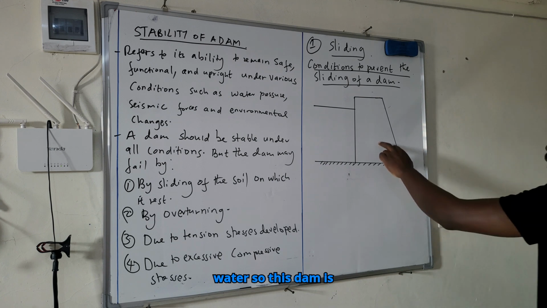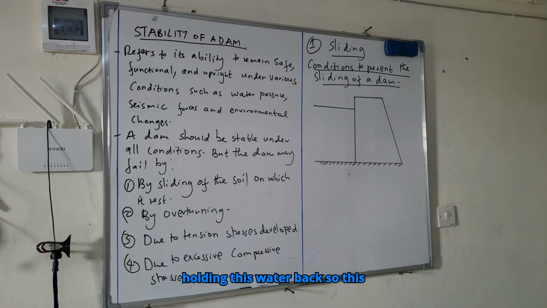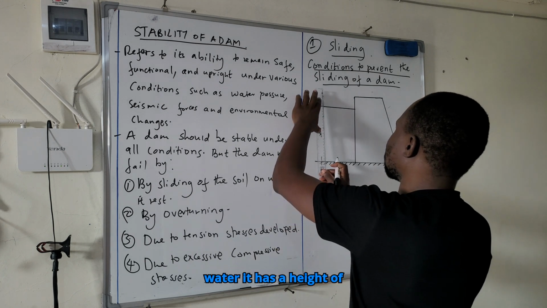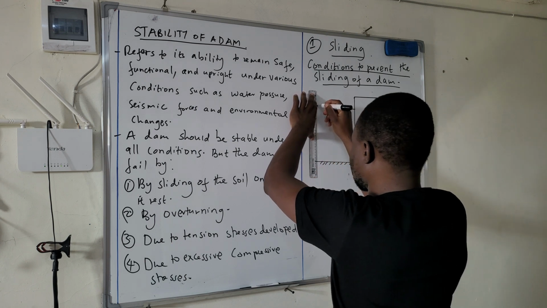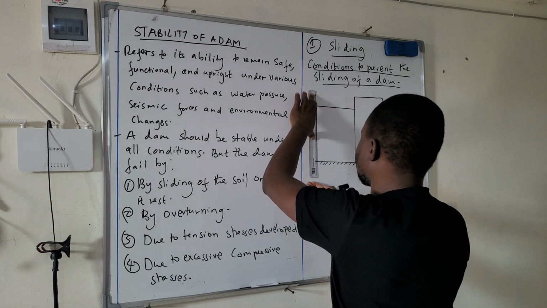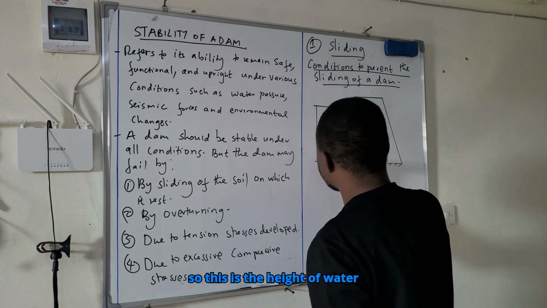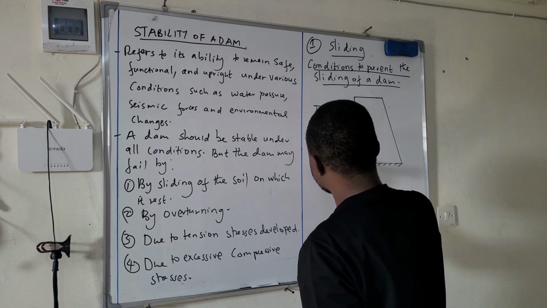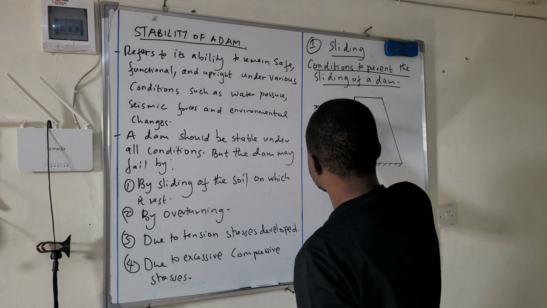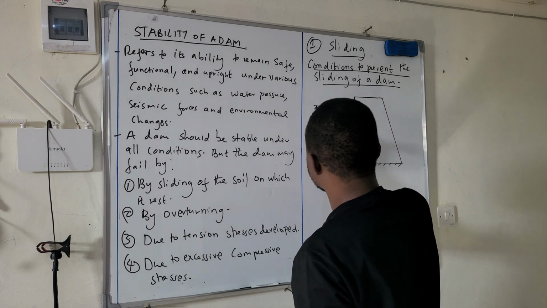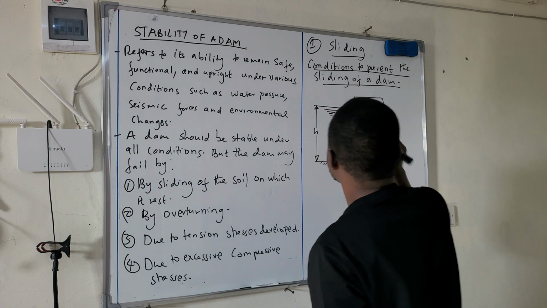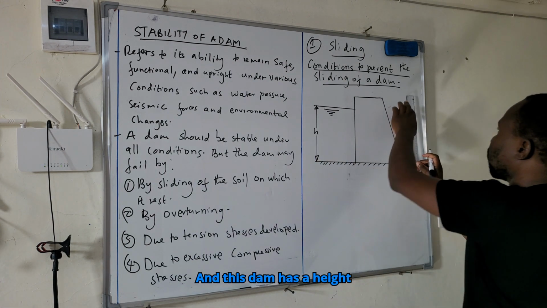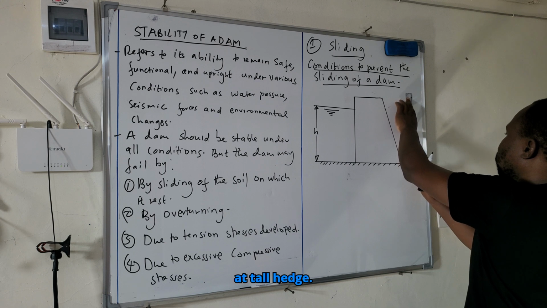This dam is holding this water back. This water has a height of h. So this is the height of water. And this dam has a height capital H.